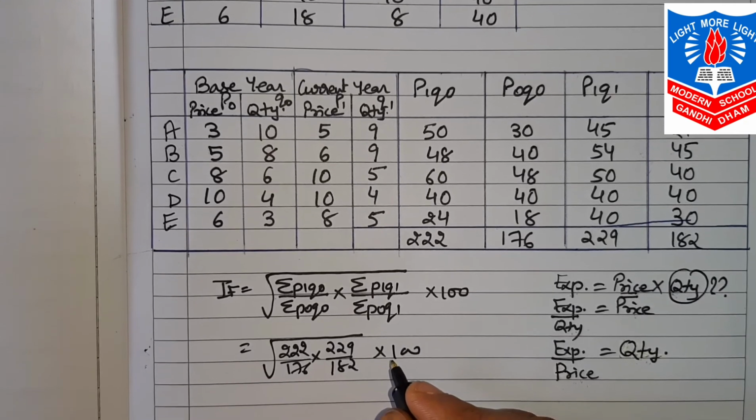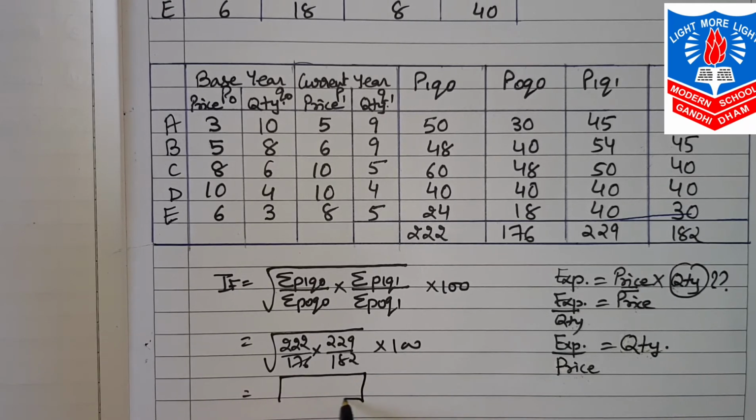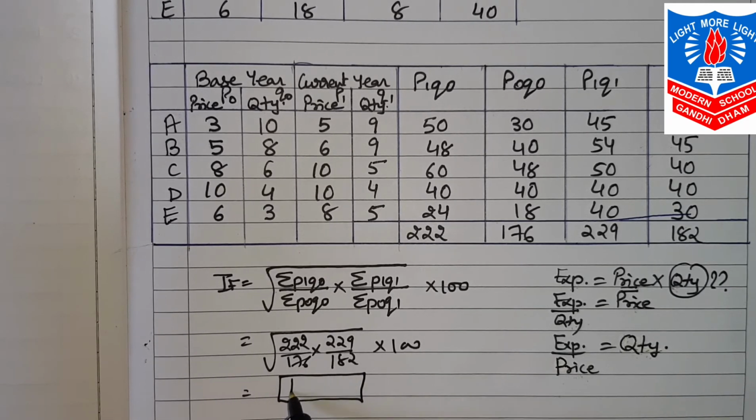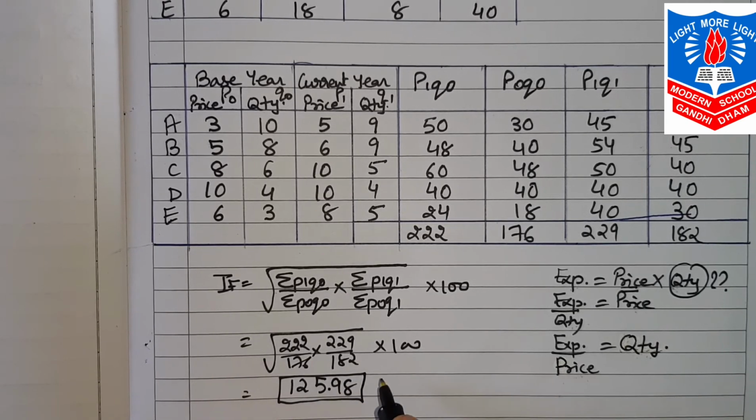Here I am not solving this fully, I am directly writing the answer. Of course, you are supposed to show it stepwise, and then write the final answer, which is IF equal to 125.98.